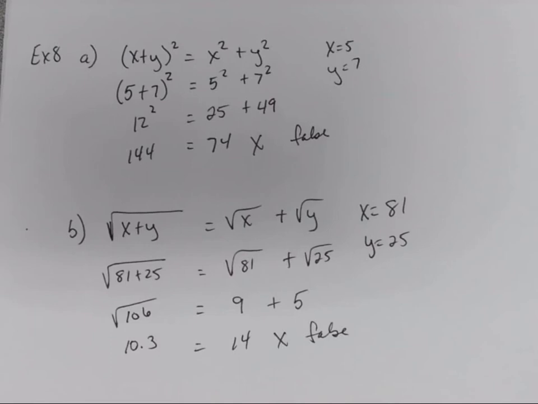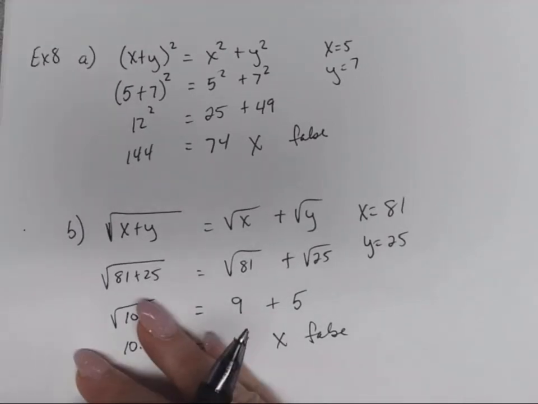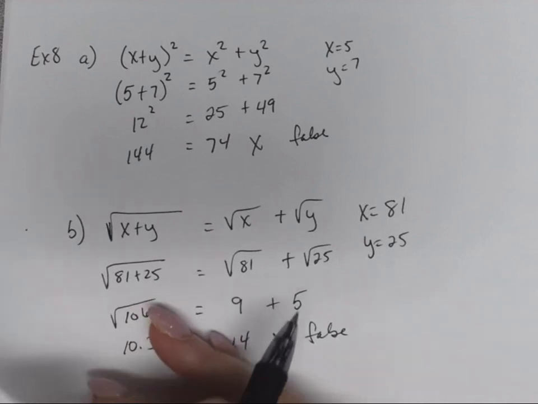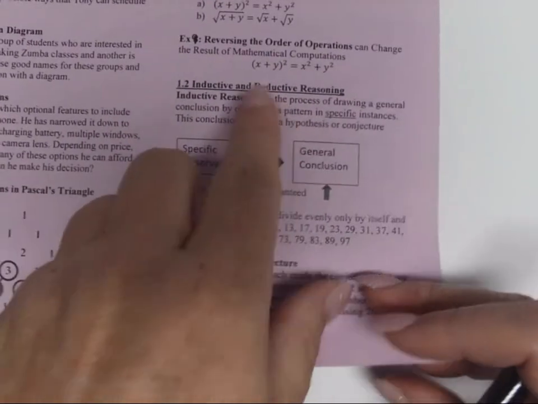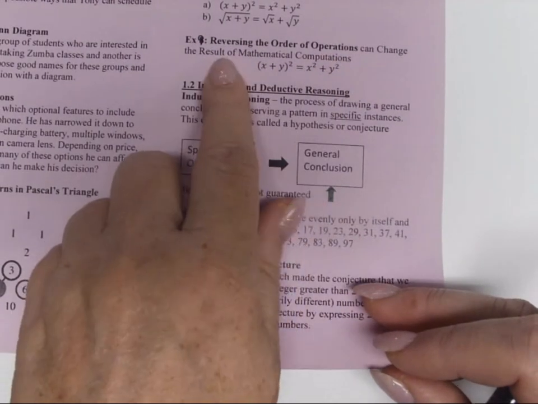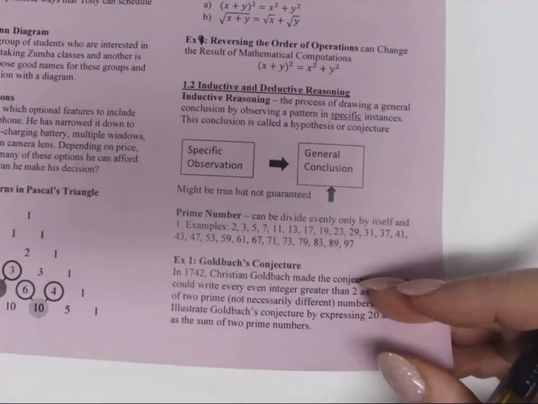Alrighty. So let's go look at our next problem, which will be example 9. For example 9, we're looking at how reversing the order of operations can change the result of mathematical computations.